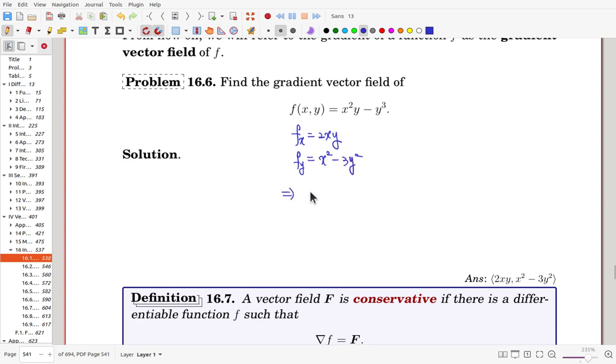So from here, the gradient of f is f sub x, that's 2xy, and f sub y is x squared minus 3y squared, right?